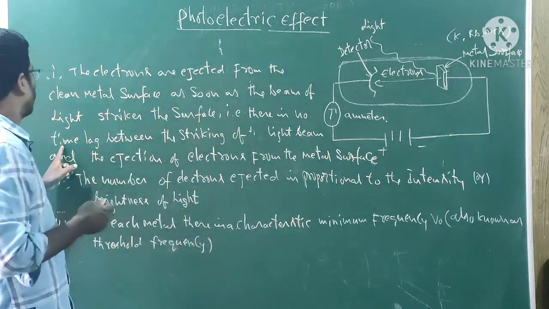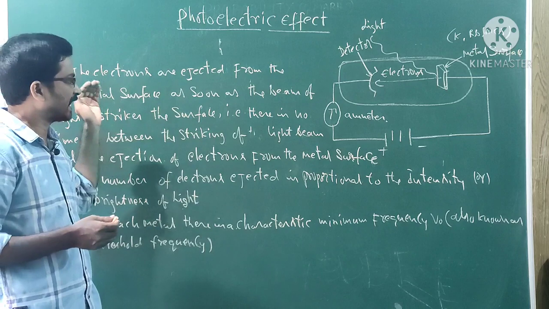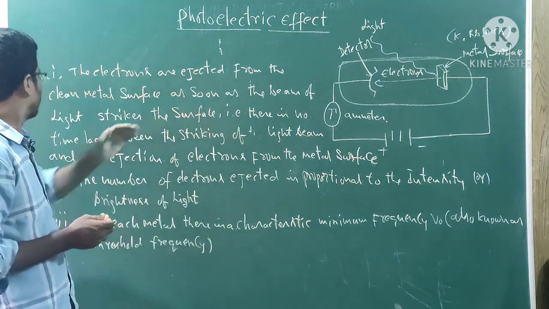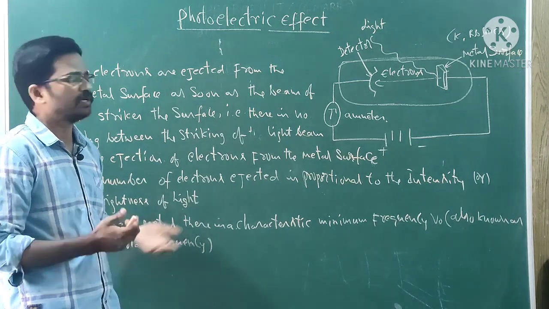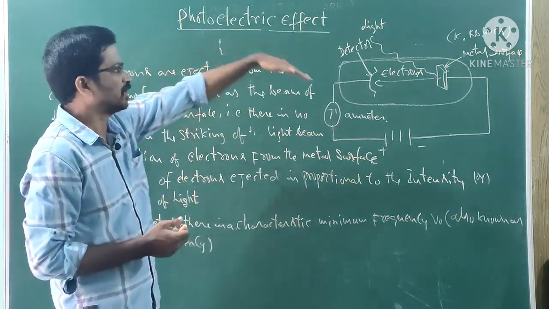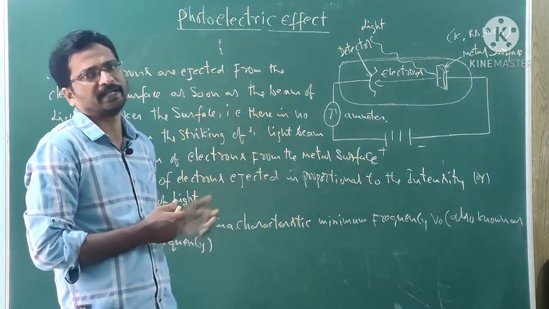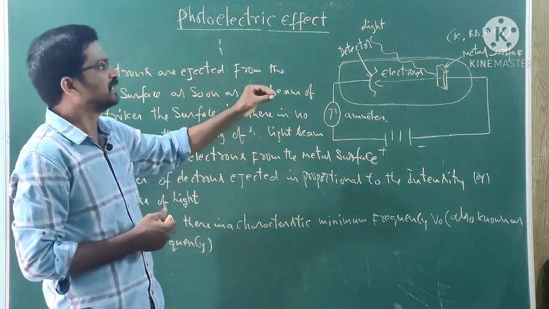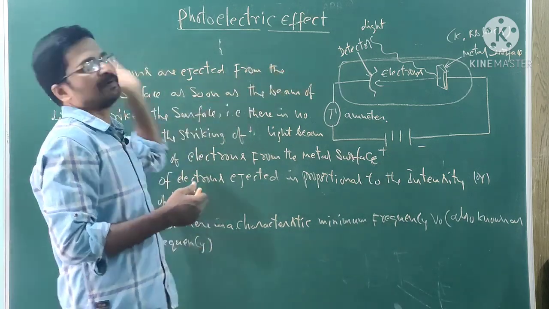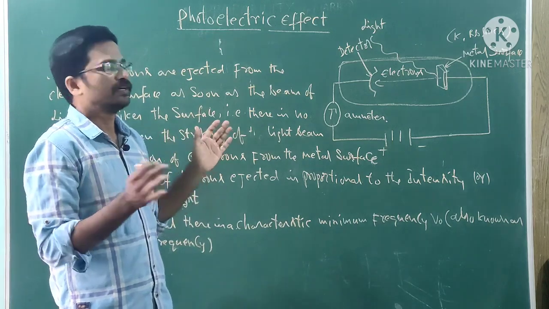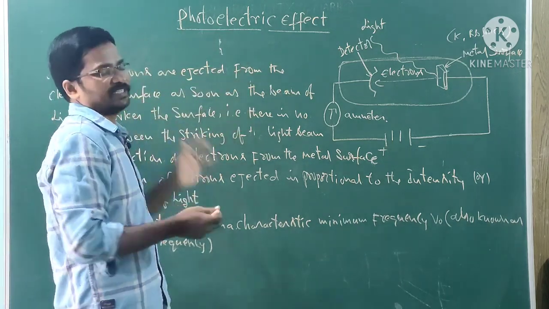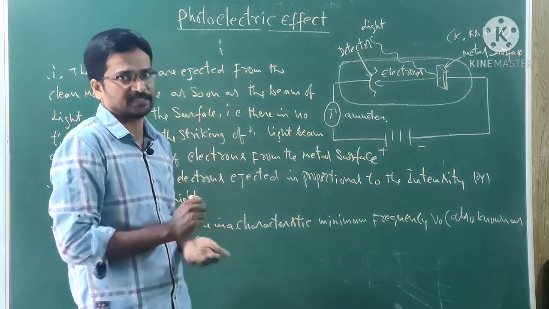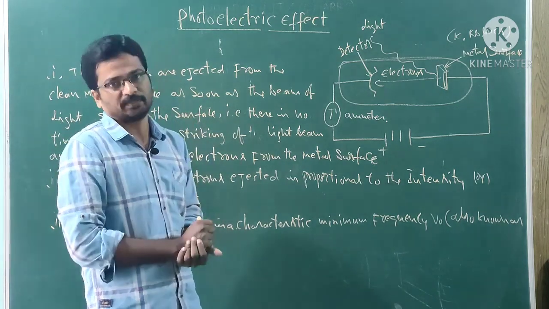There is no time lag between the striking of the light beam and the ejection of the electrons from the metal surface. So it happens simultaneously, and this indicates the first point.